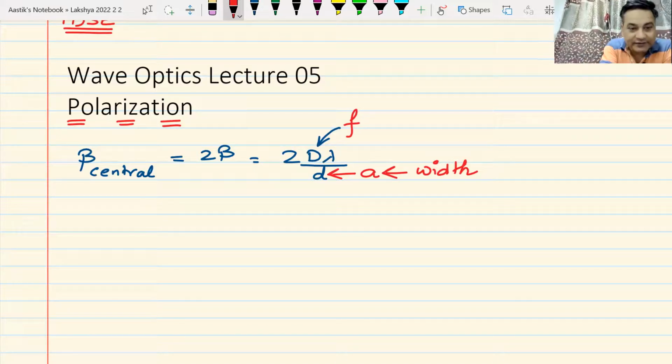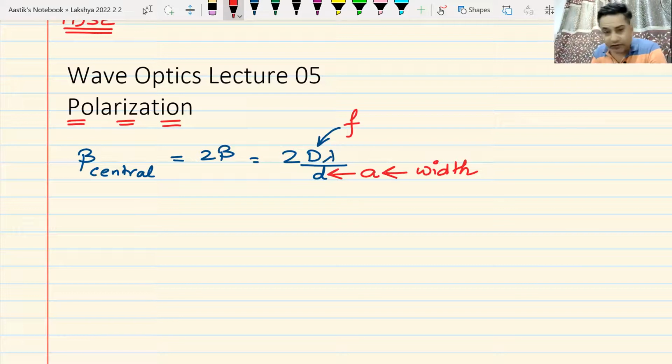You were very keen to get those mind maps, but I don't think that probably you have seen those mind maps as such. What we'll do is once we are finished with polarization, I will show you the mind map of the entire wave optics. This is just in one sheet.